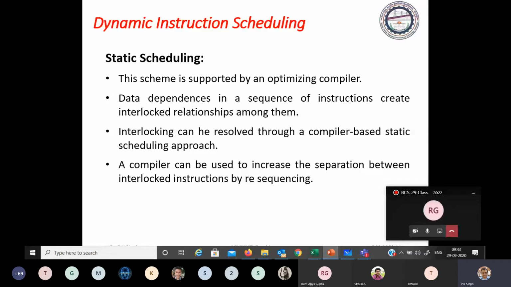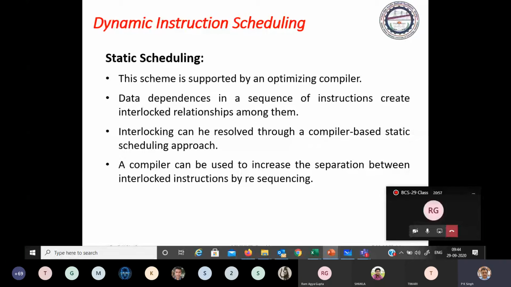Static instruction scheduling is, suppose the compiler identifies the parallelism available in the program. On the basis of that available parallelism, it will reschedule the instructions as per the parallelism available on the machine, the hardware parallelism, to exploit it optimally.